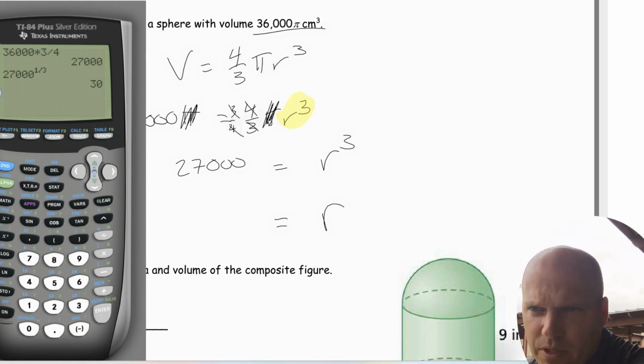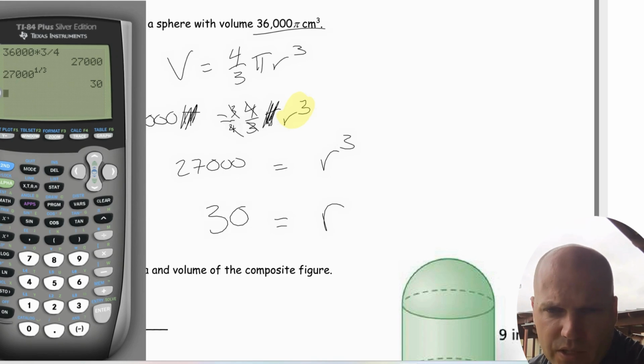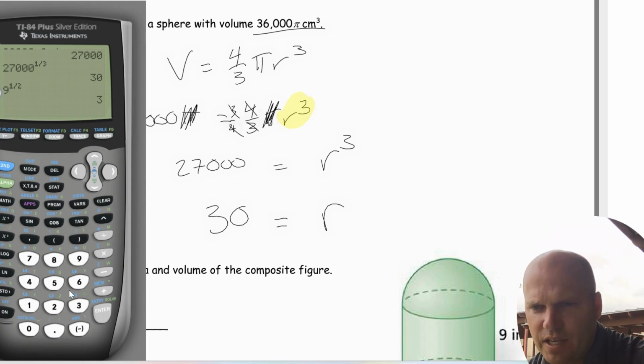Now, many of you probably could have figured out that it was 30 because 3 times 3 times 3 is 27, but I'm just showing you how you can use your calculator to get this value. Now, watch this. If I did 9 to the 1/2, this is the same as the square root of 9. If I did 36 to the 1/2, this is the same as the square root of 36.